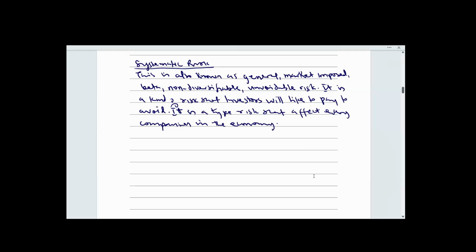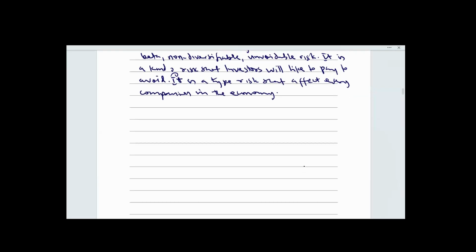What are the examples of systematic risk? What are the reasons or causes of systematic risk? Like I said, this is an examinable area at this level, so you must know it. Number one, pandemic.